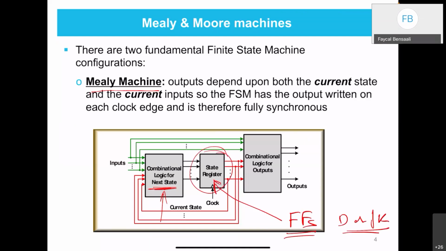If the circuit has only one output, then you need just one flip-flop. For a 3-bit counter, we will need 3 flip-flops, because each flip-flop gives us 1 bit. So the number of flip-flops to be used depends on the circuit itself, on how many outputs you have.